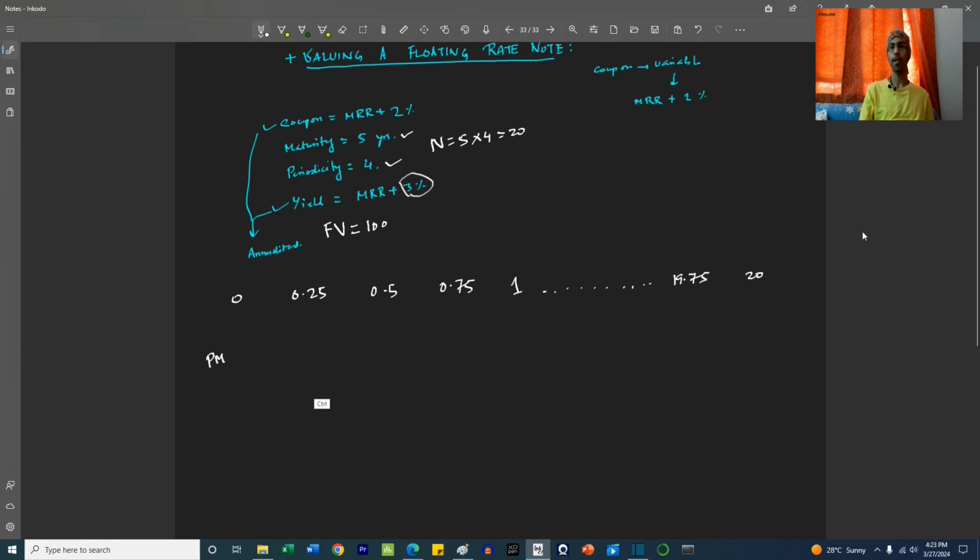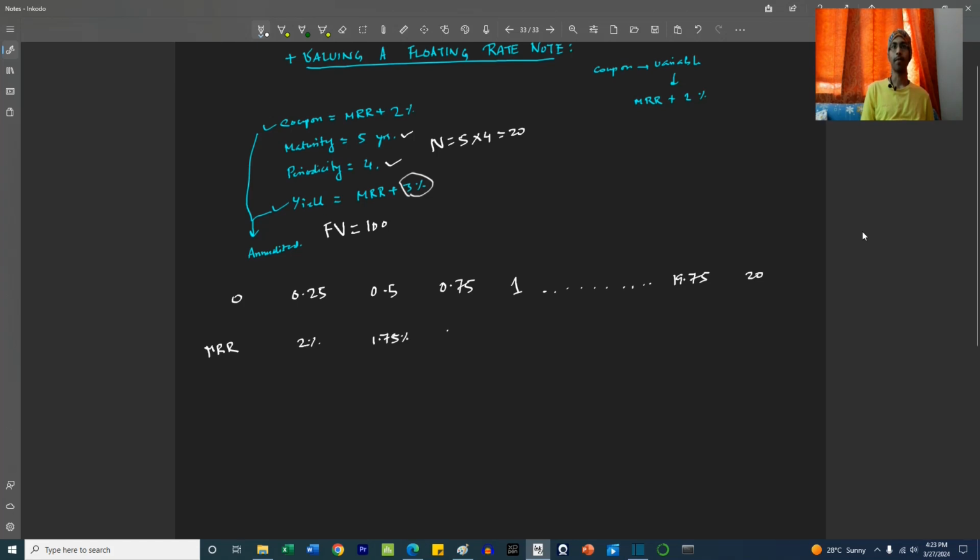Yes. Now let us understand what are the periodic payments. Before we understand the periodic payment, we have to assume our market reference rate at each of these periods, right? So let's say the market reference rate at t is equal to 0.25 is 2%. At 0.5 it is 1.75%.